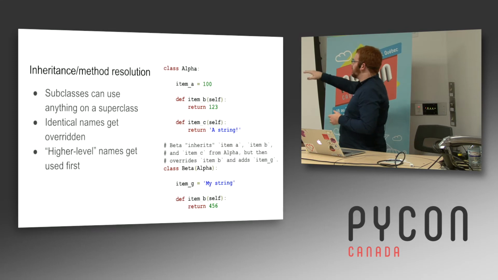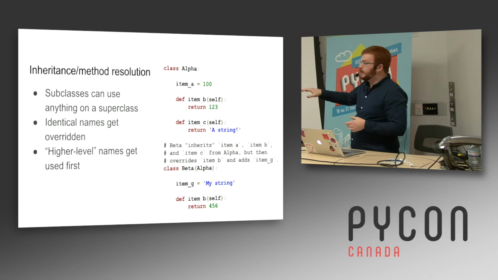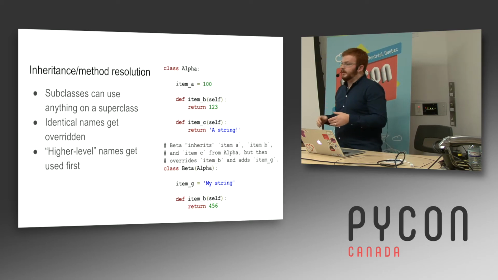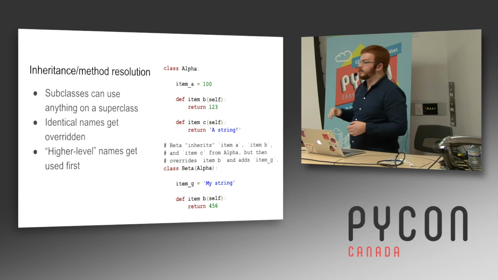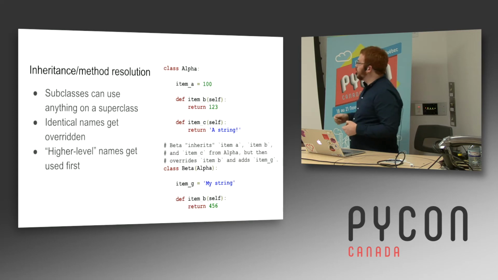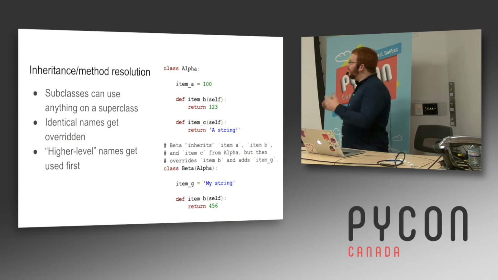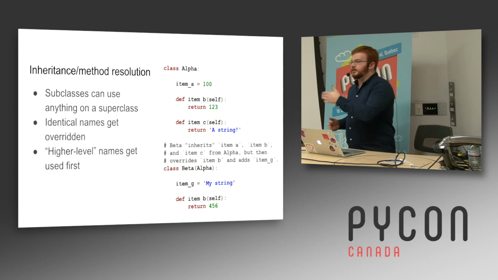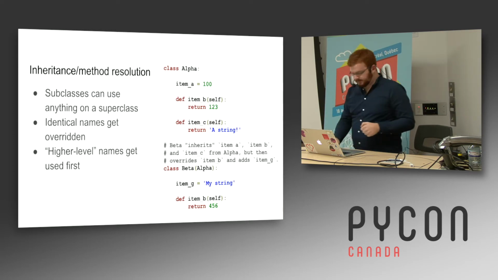It has this item G attribute and this item B method. Since Beta implements item B and Alpha implements item B, we're going to use the item B that's implemented directly on Beta instead of falling back to Alpha. But for other items like item A that only exist on Alpha, we're going to go there first. And there's a complicated order that Python uses to determine exactly which class it should be getting a given attribute from.